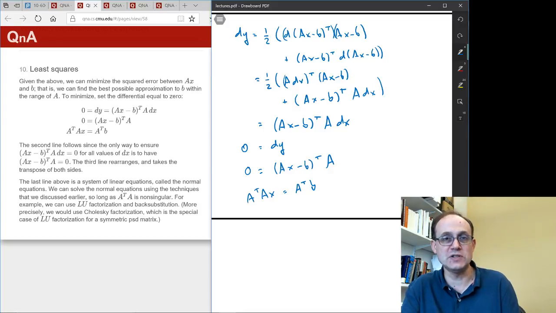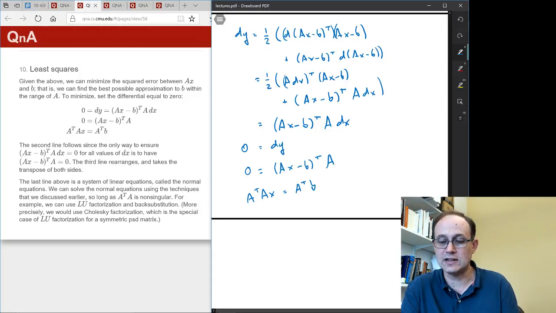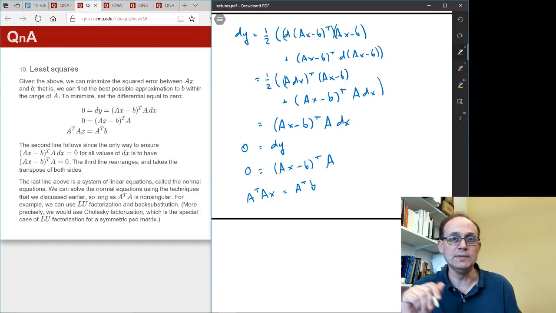The transpose of any scalar is just the scalar itself. You think of the scalar as a 1-by-1 matrix. And so when this term is equal to its own transpose, and when we take the transpose of this term, we get that term. And so that's why the two terms can be collapsed into one.